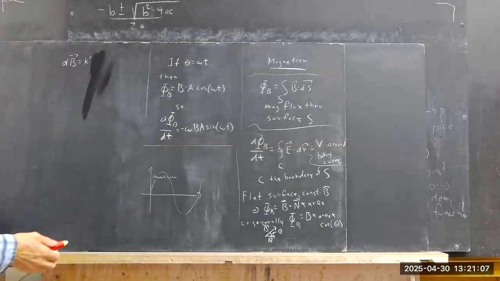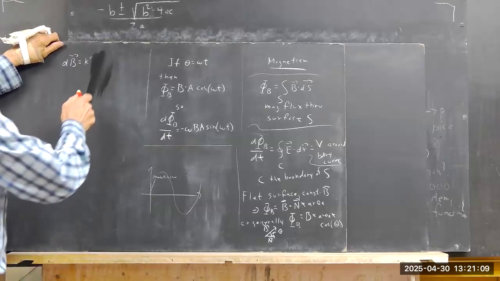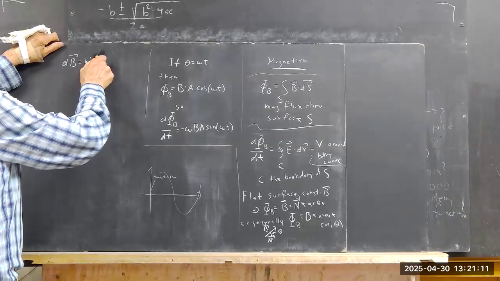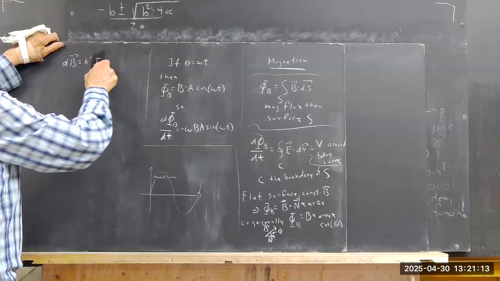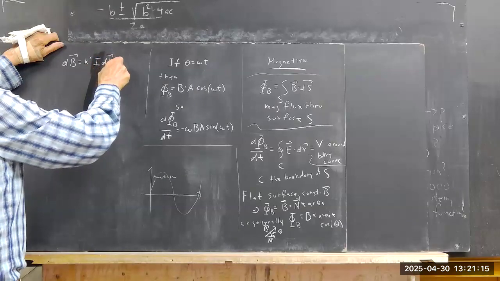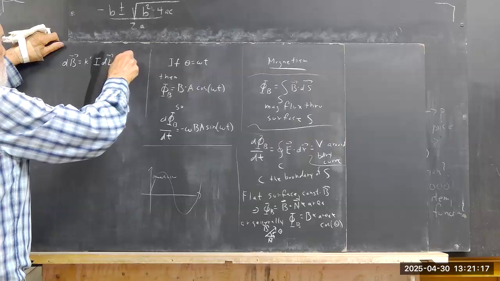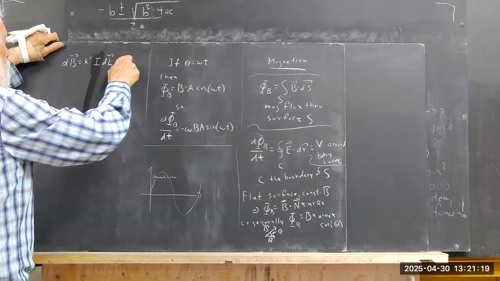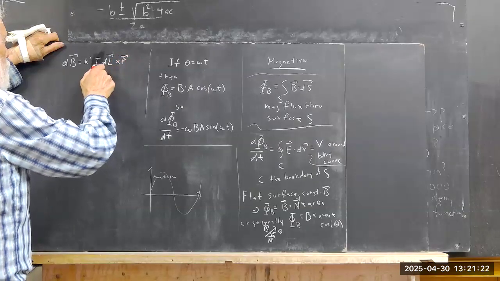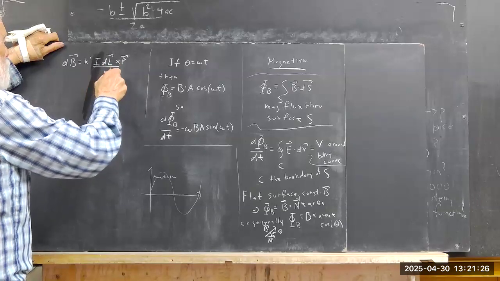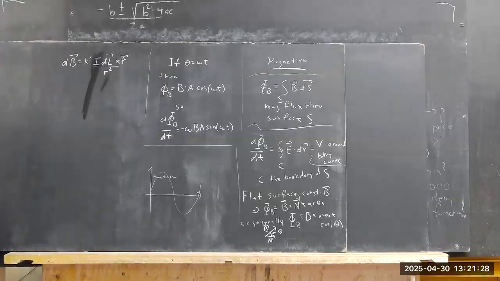I'll use the equation with the sign in it. It's K prime times this.